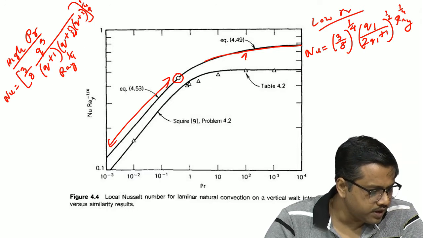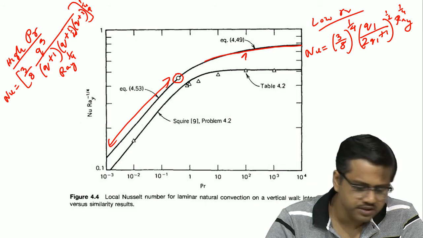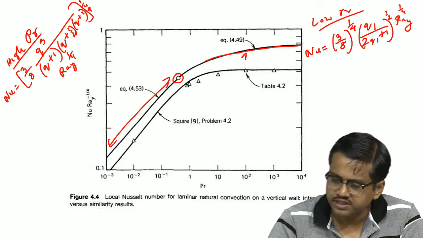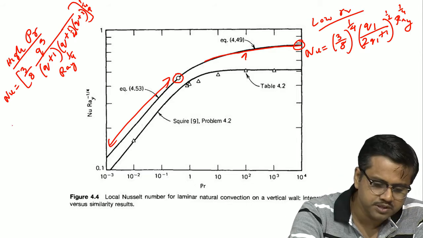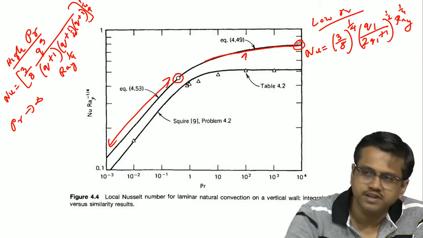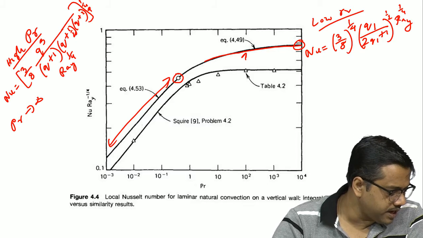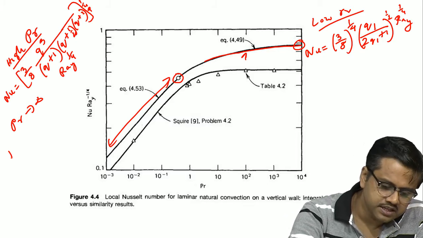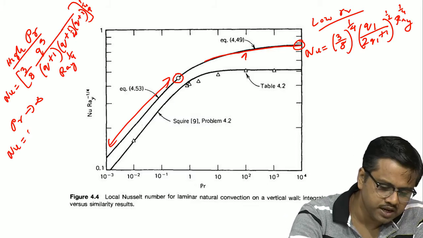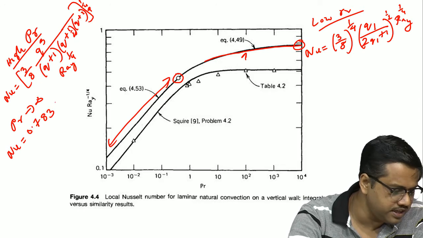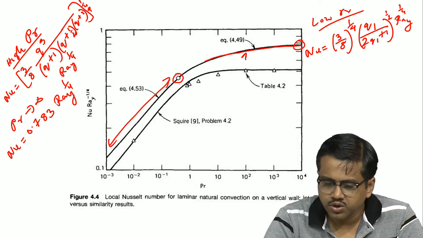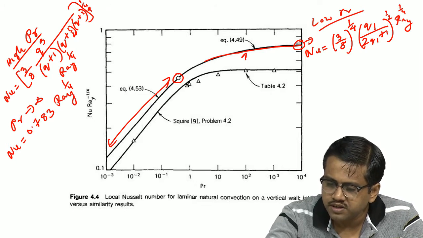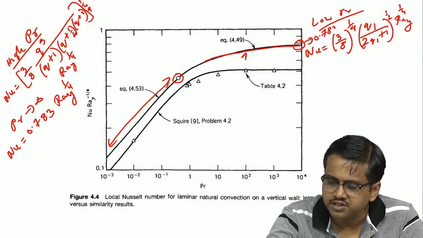As you can see in this particular case, of course, in the limiting values we have already said what the limiting value is: when Prandtl number approaches infinity, the Nusselt number tends to become about 0.783 Rayleigh number to the power of 1/4. So, this particular value will be about 0.783.